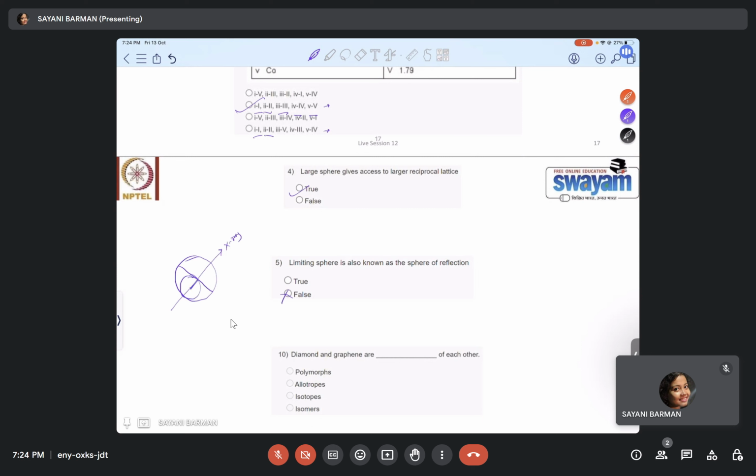If this much is 1 by lambda, then this much will be 2 by lambda, right? And this one is called the limiting sphere, and this is the sphere of reciprocal.